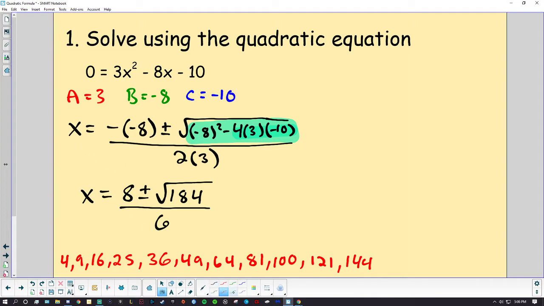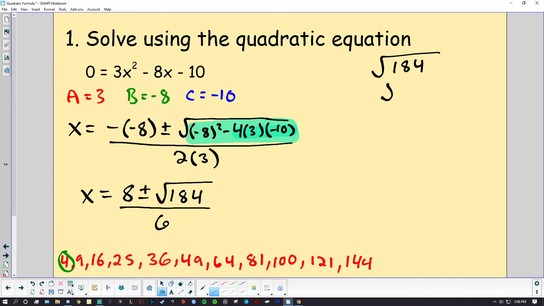You are 100% right if you said that 4 is the largest perfect square we can divide out. Did I really make you go through this entire list? Yes, I did. So let's break down the square root of 184.